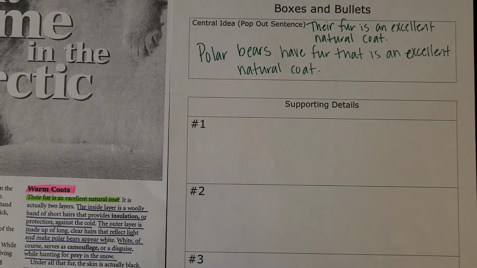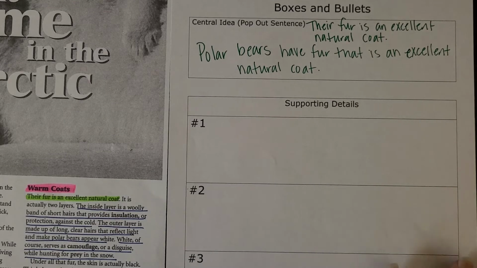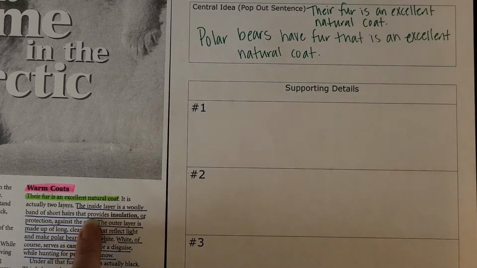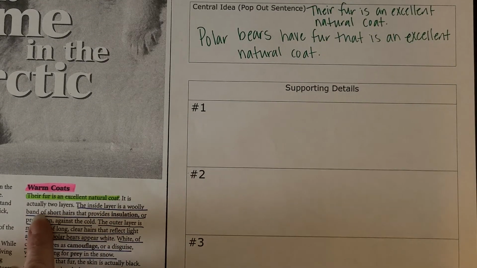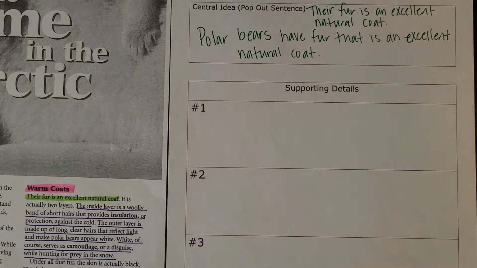But I have to support that central idea using my details. So the first detail I came up with was the inside layer is a woolly band of short hairs that provides insulation or protection against the cold. So I'm going to shorten that because that's a lot.